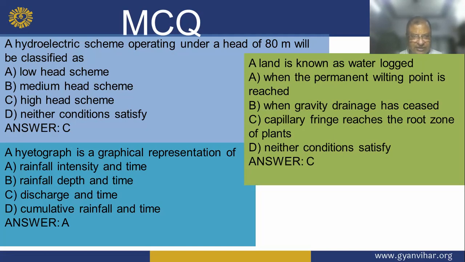Correct answer is A, rainfall intensity and time. And a land is known as waterlogged when? Correct answer is C, the capillary fringe reaches the root zone of plants.